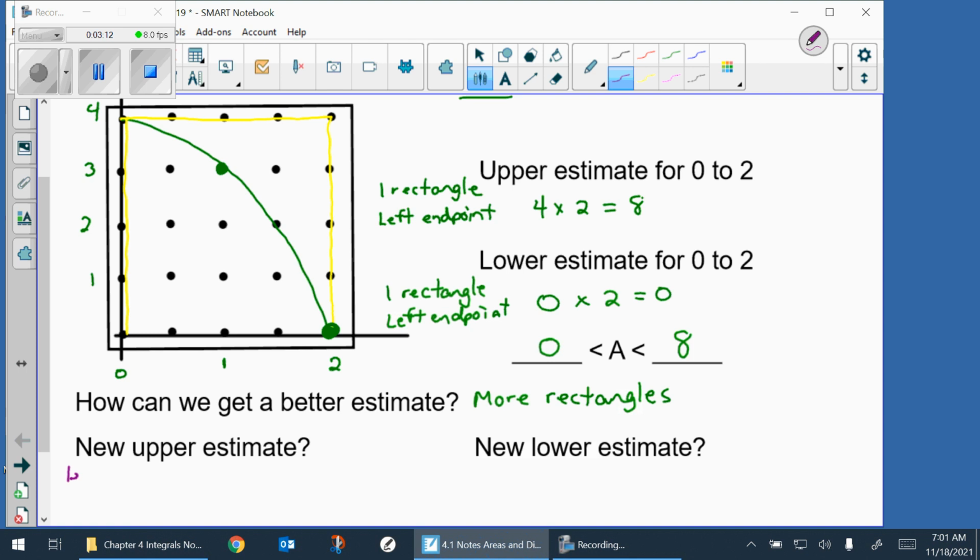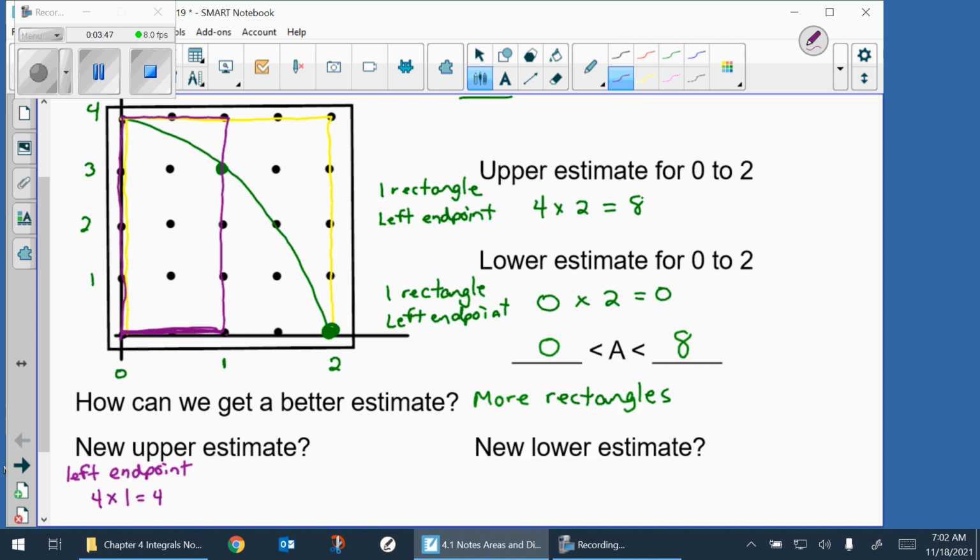Again, because the left side has higher values, let's use a left endpoint estimate. With 2 rectangles, the first one is going to go from 0 to 1. I'm going to go up on the left side until I hit the curve, and then go over, and this rectangle has a width of only 1. So this rectangle is 4 high and 1 wide, for an area of 4.